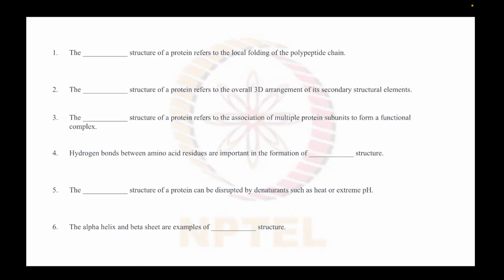So this is the tertiary structure of a protein that refers to the overall 3D arrangement.